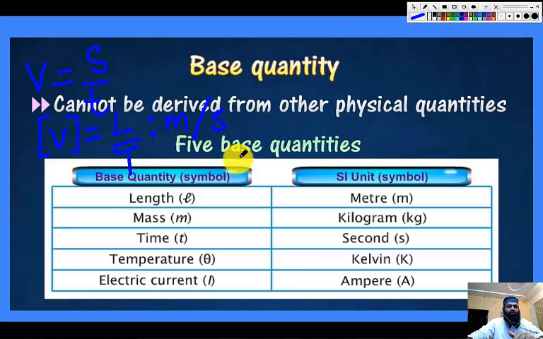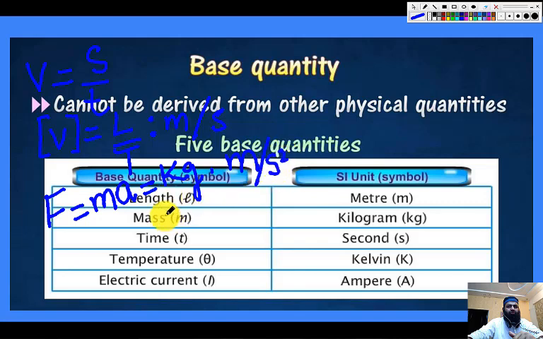Similarly we have quantities like force. What is force? Force is just mass times acceleration, and mass has the units of kilograms and acceleration has the units of meters per second squared.